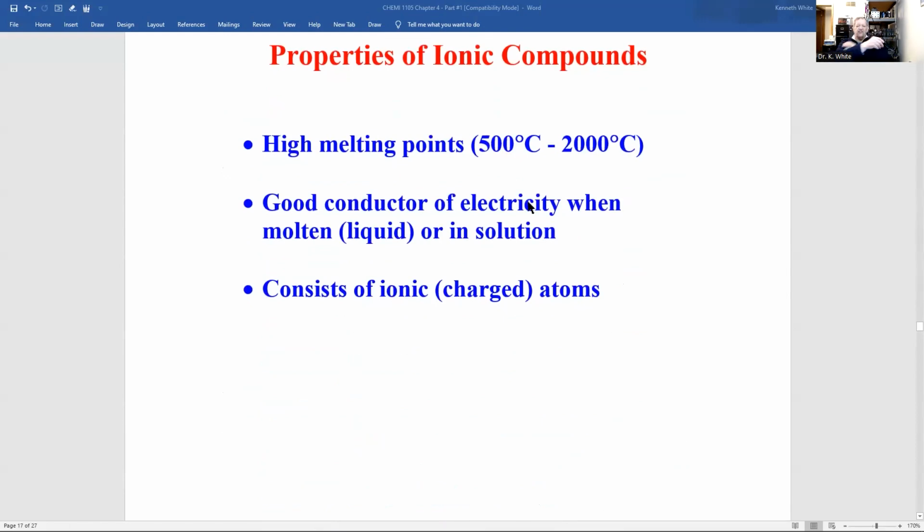Ionic compounds have high melting points, 500 to 2000 degrees C. That's roughly 1,000 to 4,000 Fahrenheit. I don't know about you, but my oven in my house doesn't go that high. Ionic compounds are good conductors of electricity when molten, that means liquid, or in a solution like dissolved in water.